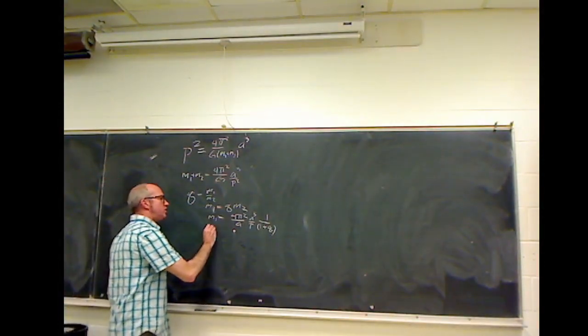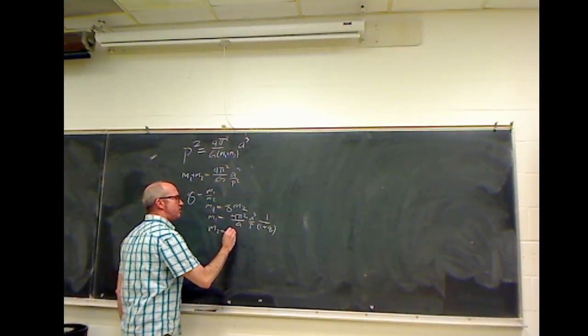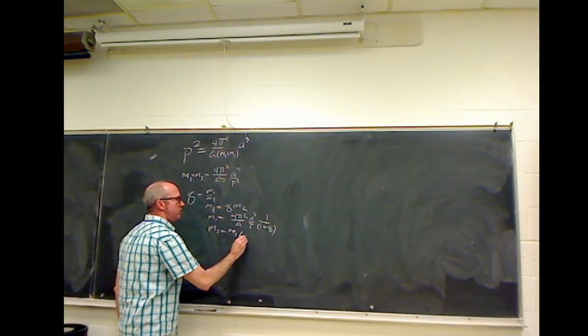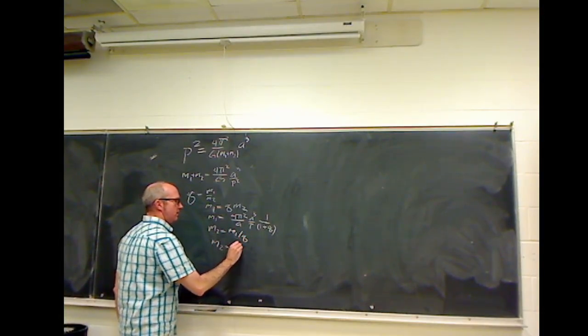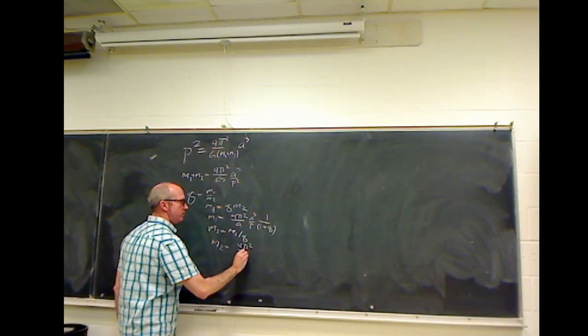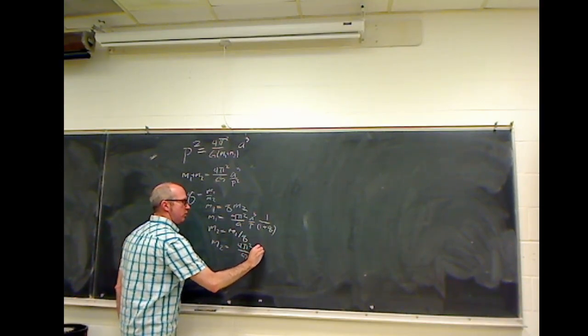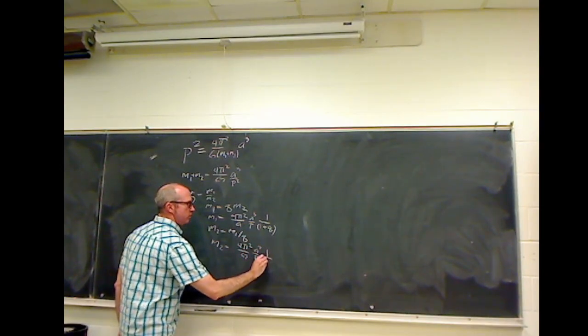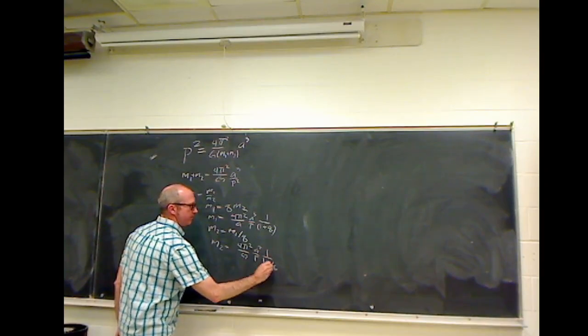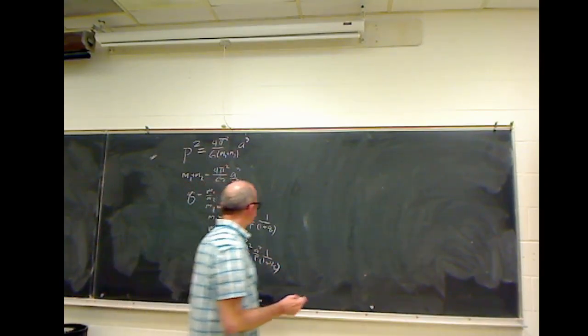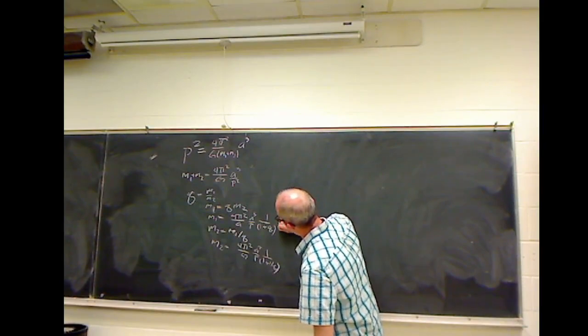And then for M2 equals M1 over Q, and then M2 equals 4 pi squared over G A cubed over P squared, times 1 over 1 plus 1 over Q. That's it. So these two things are the things that you need.